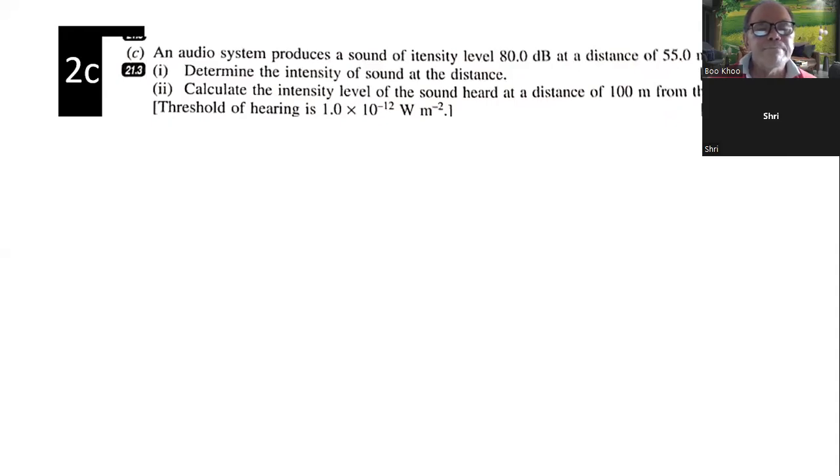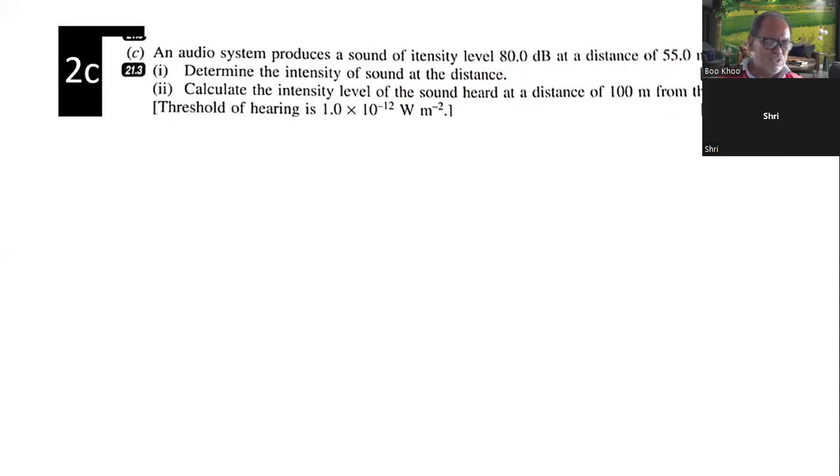An audio system produces sound of intensity level 80 dB. You can see the sound intensity level is very popular. At a distance of 55 meters, determine the intensity of sound at that distance.